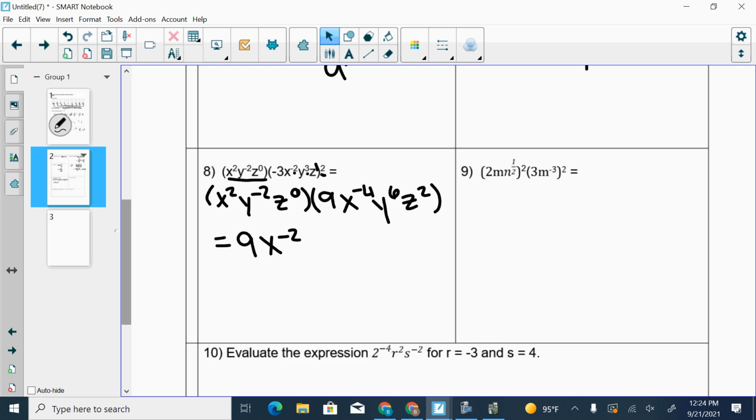For y, we've got negative 2 and 6, which altogether would be 4. Good. And then for z, 0 plus 2. Good. Okay, anything we need to move now? Just the x, right? Everything else is going to stay. So we'll have 9 y to the 4th z squared, but in the bottom we have an x squared.